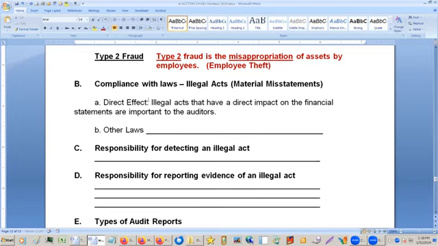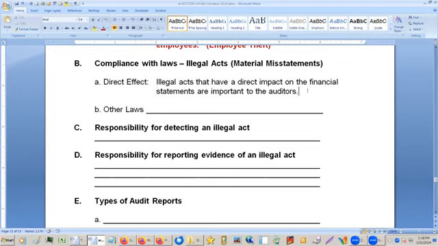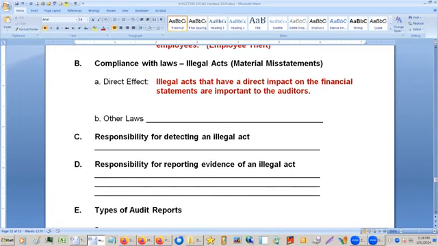Let me give you an example: tax evasion, because that will have a direct impact on our tax expense account.